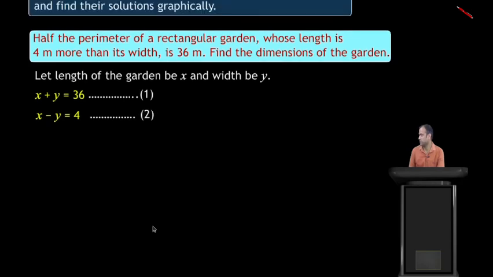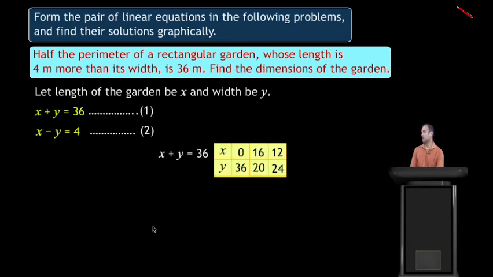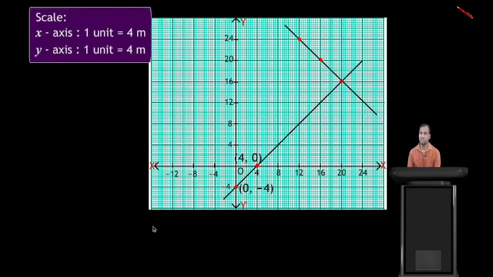Okay, so now we have two equations. Now we can find points of these equations. For the first one we have (0, 36), (16, 20) and (12, 24). And the next one is (0, minus 4), (4, 0) and (20, 16). And this is the graph of these two equations. Here we take the scale as 1 unit equals 4 meters on both axes. You can take any scale, 1, 2, 4, 8 like this.